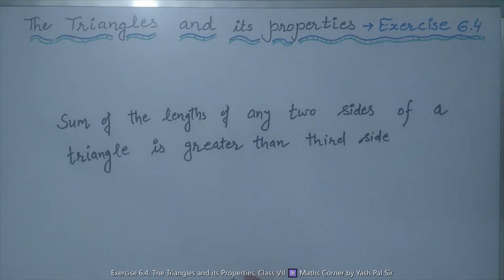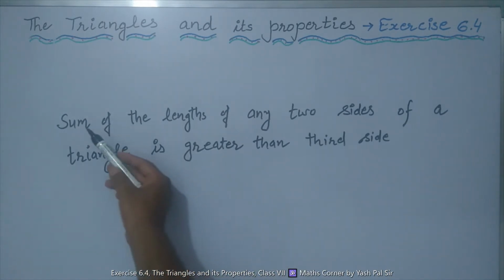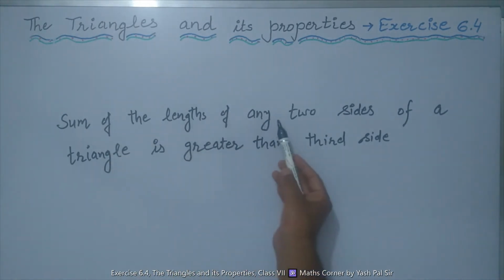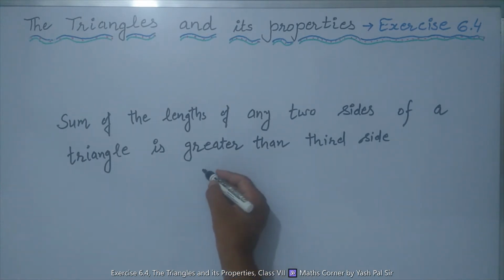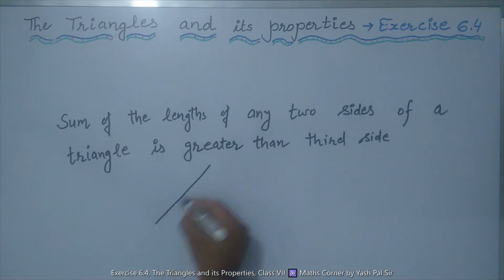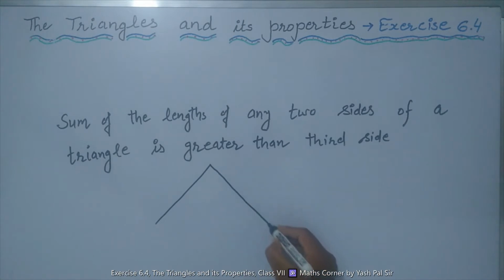One very special characteristic in case of triangles is the sum of the lengths of any two sides of a triangle is greater than third side. What is the meaning of this? Suppose we have one triangle, right?